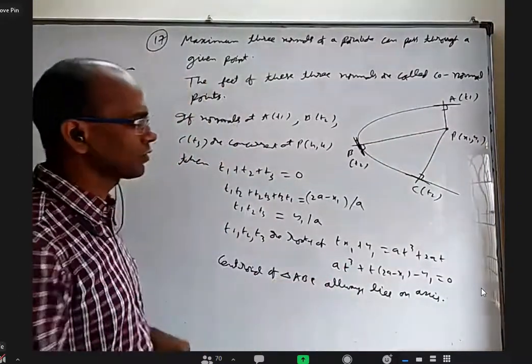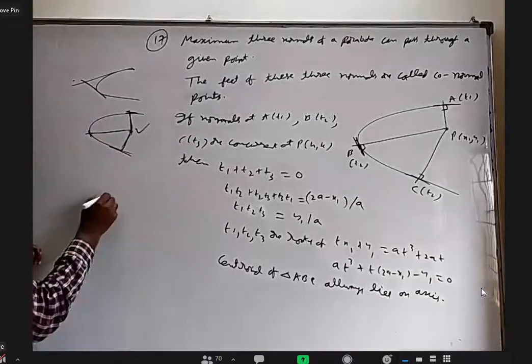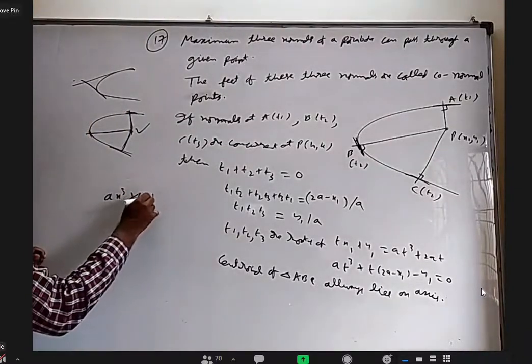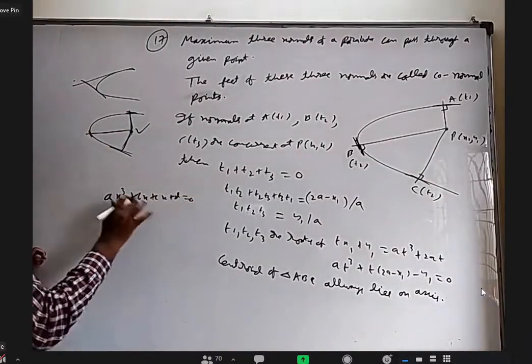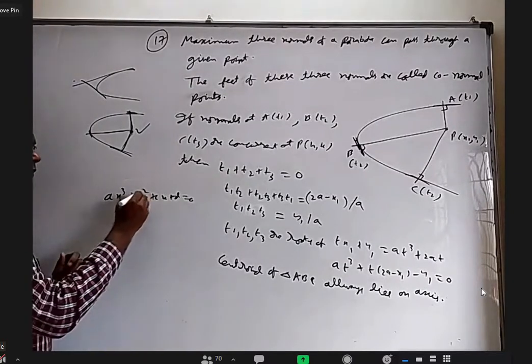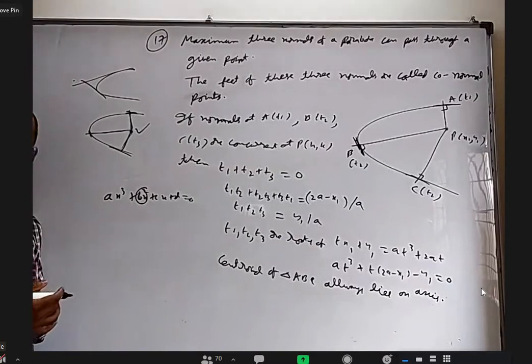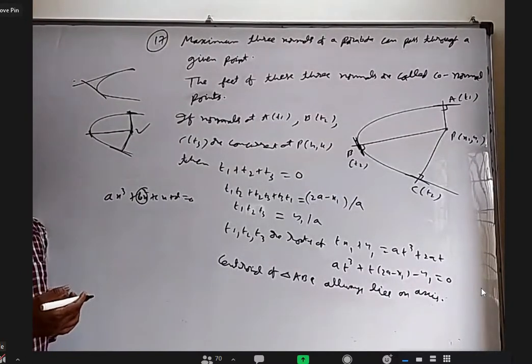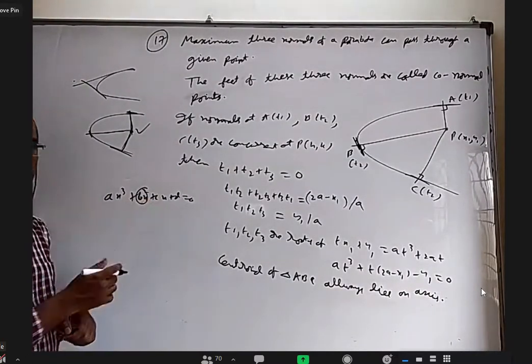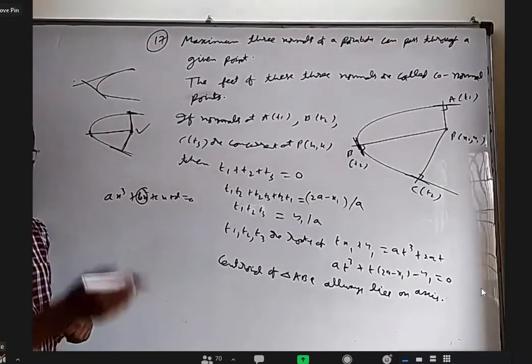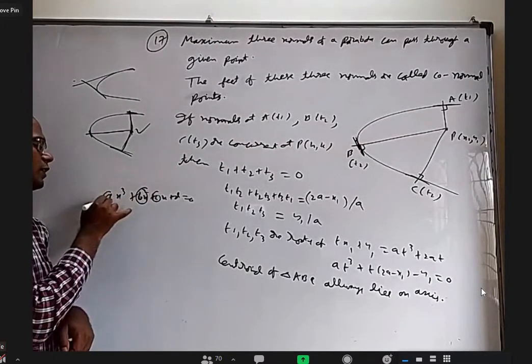From this cubic equation, I think all of you know, if you take ax cube plus bx square plus cx plus d equal to 0, what is the sum of the roots? Minus b by a. And if that x square is missing? 0. The sum of products of two roots, alpha beta plus beta gamma plus gamma alpha, will be c by a.